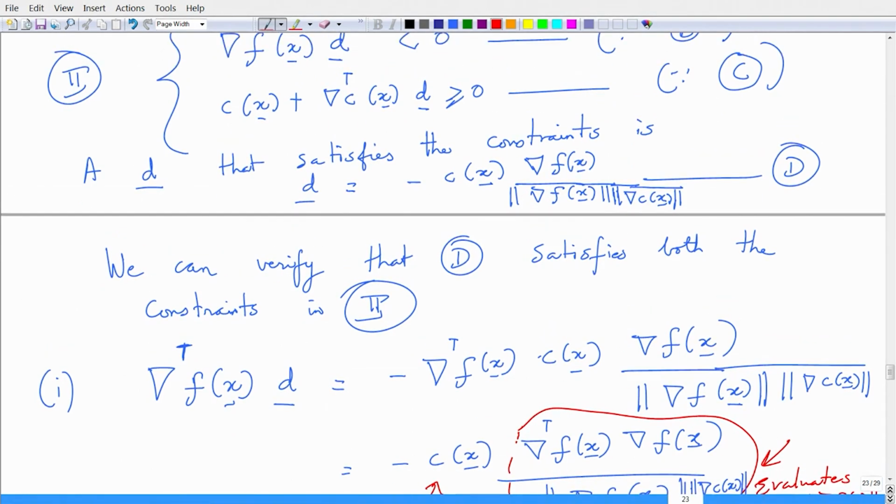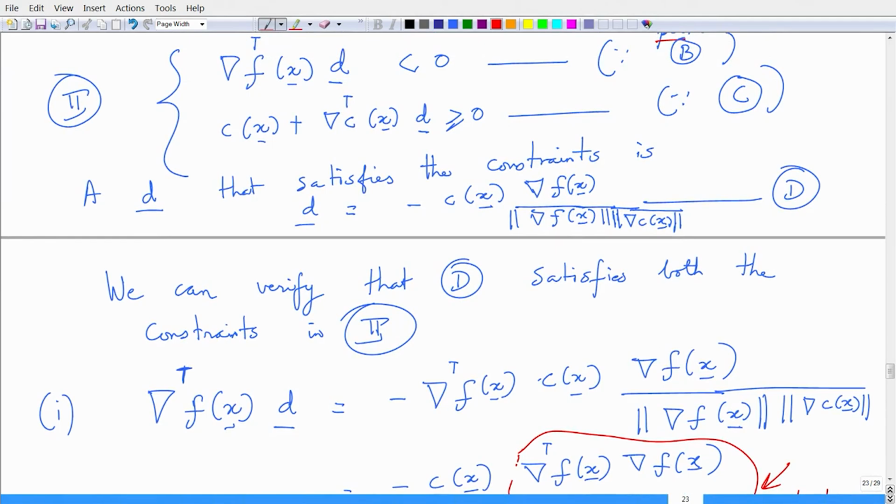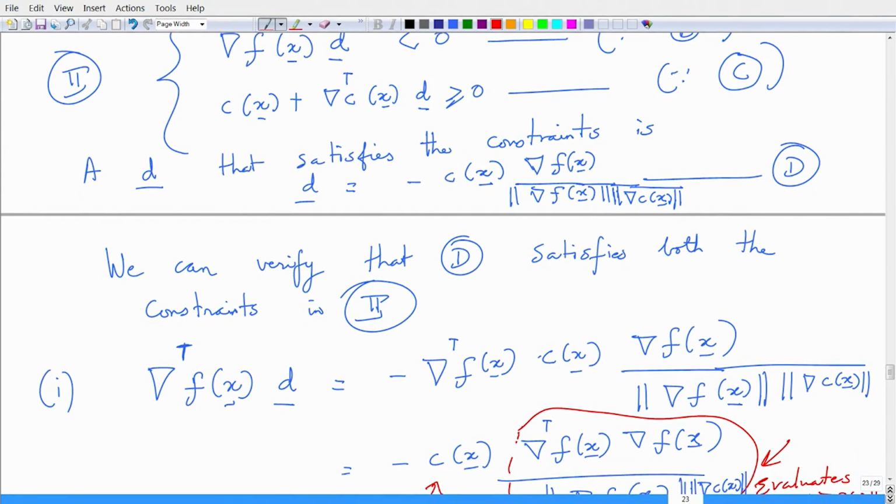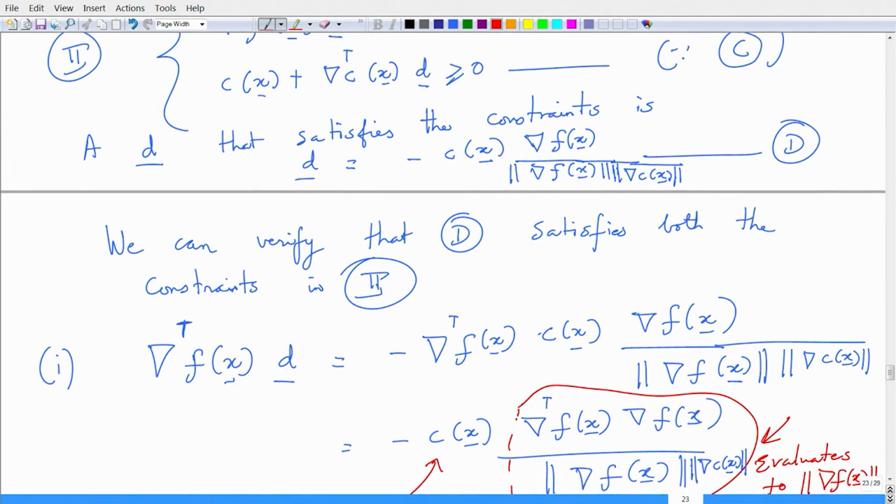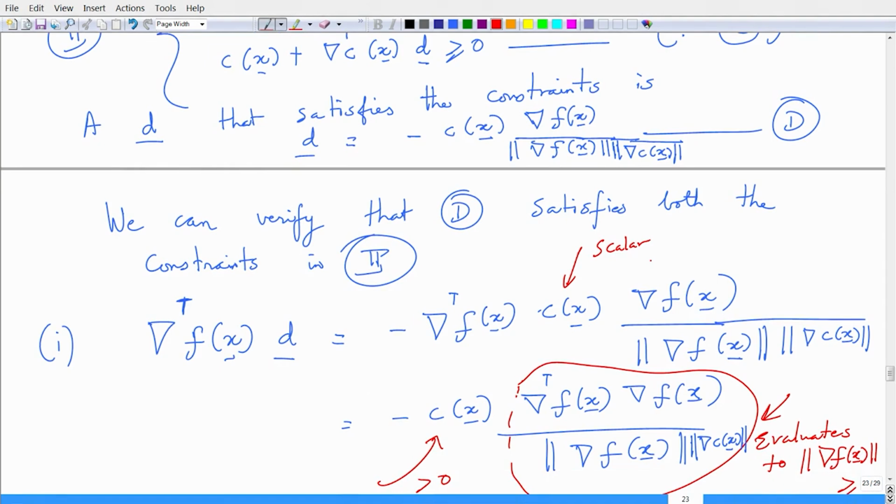So, what I have to do is take del f times D, that is the first constraint that I have. Now I plug this D here. So, what I get is minus gradient of f times C of x, this is a scalar, times del f upon norm del f times norm del C in the denominator. The C of x is a scalar, I pull this out with a negative sign.